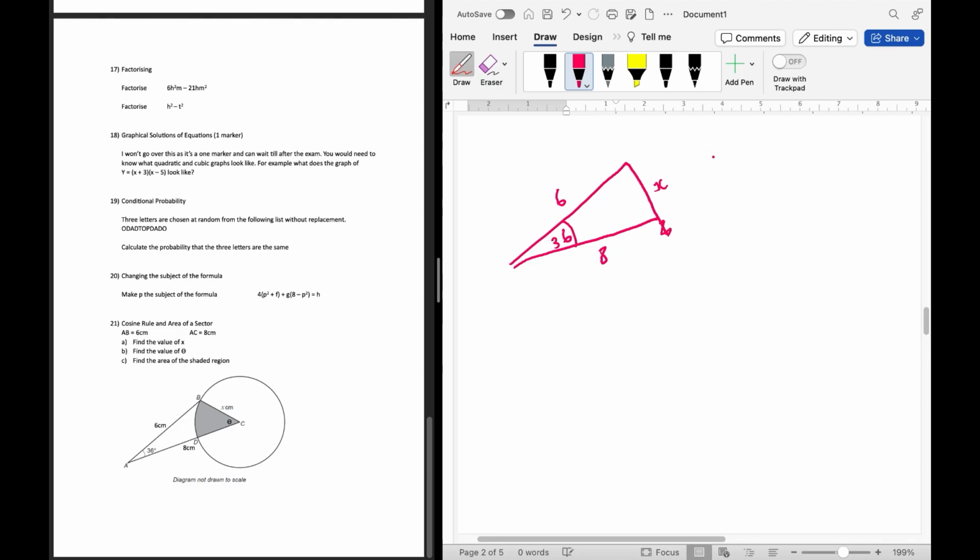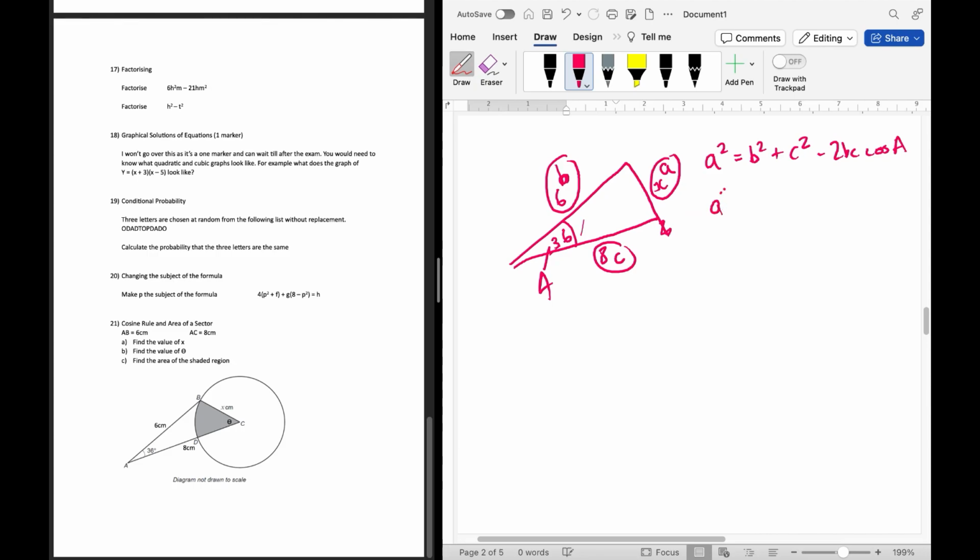Right, the cosine rule, copy from the front, is a squared equals b squared plus c squared minus 2bc cos capital A. In this case, it's the same three things that we need to work out the area. This becomes A, because that's the side we want. These two sides become B and C, and the angle opposite little a is capital A, which is 36.